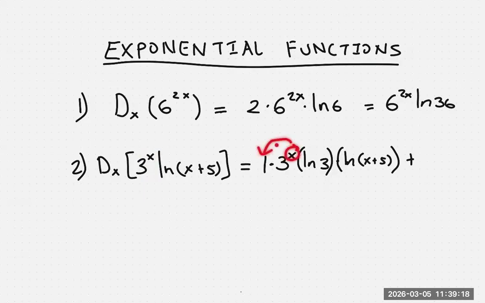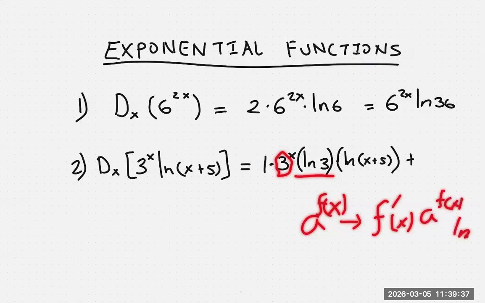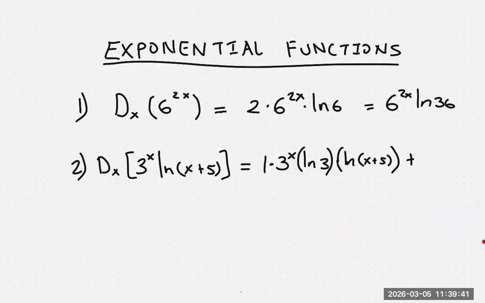Put back the 3 to the x, that doesn't change, and then multiply by ln of the number that's right here. Remember, the formula given was a to the x. You differentiate a to the f of x, you get f prime, the a to the f of x again, and then ln a. That's what we're doing right now. The x was the f of x, differentiate f of x, which is x, we get 1, multiply by 3 to the x, and ln of 3.